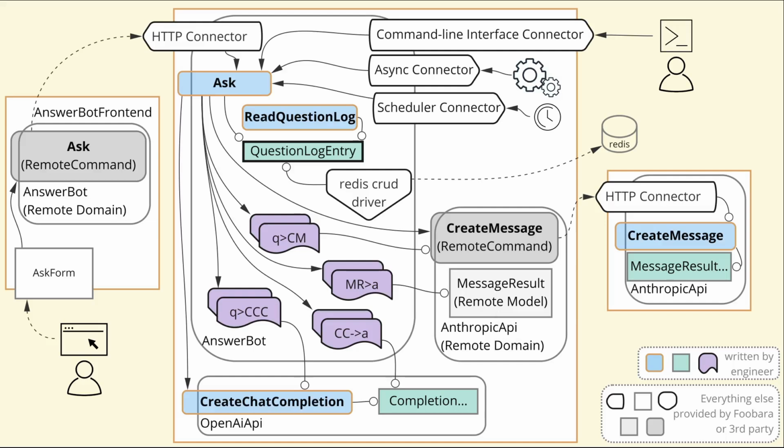Here, that is simplified significantly, and in fact, Foobara provides a script called extract repo, which will take this OpenAI API domain and extract it out into its own repository, preserving the Git history, and that would allow us to just import this as a library relationship, or we could then push it up somewhere and expose it with an HTTP connector if we wanted to.